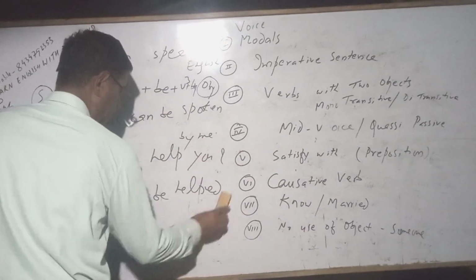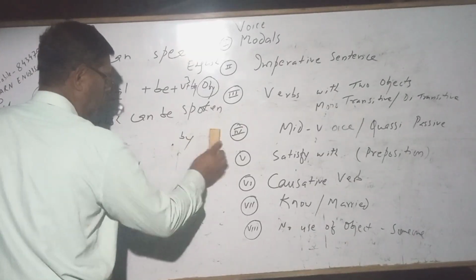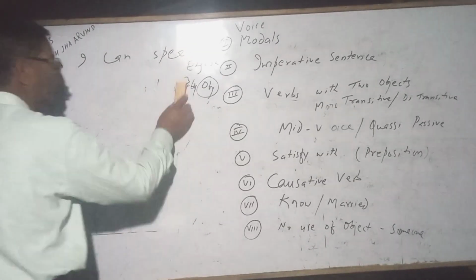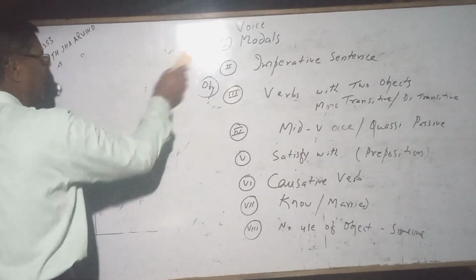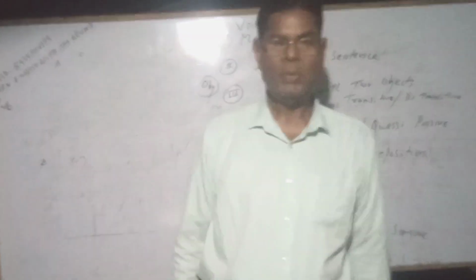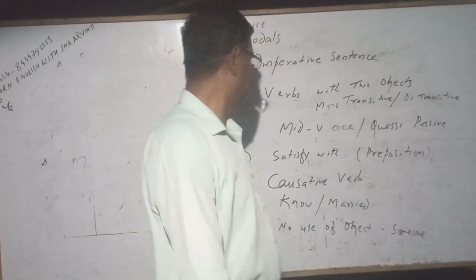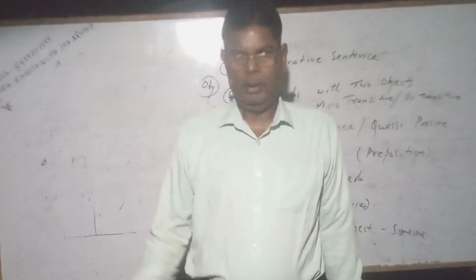Okay. Now, I would like to teach you imperative sentences. How will you change imperative sentences into passive voice? But first of all, you should know what is an imperative sentence.